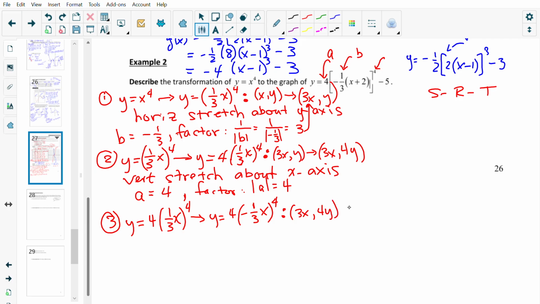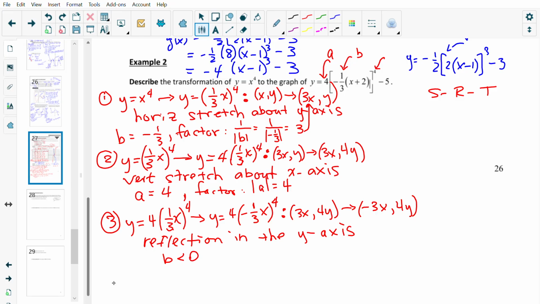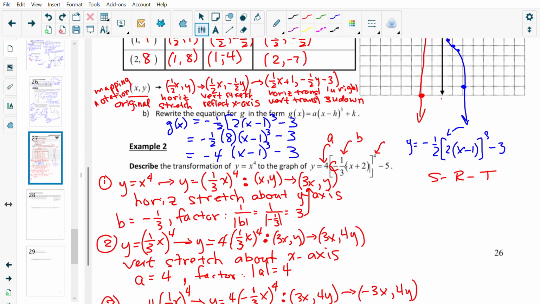From the previous number, (3x, 4y) transforms to (negative 3x, 4y). So this is a reflection in the y-axis, because now our b value is less than 0. There's that negative sign. b is less than 0.